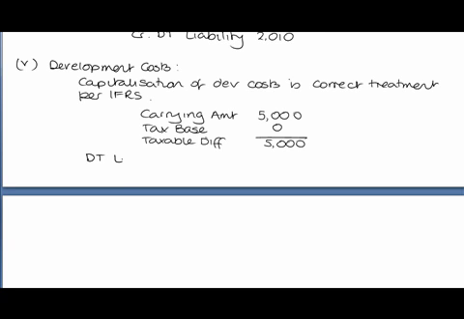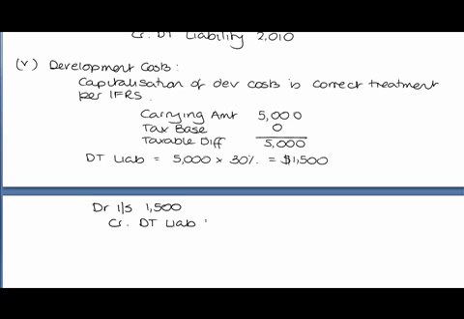So our deferred tax liability is going to be 5 million times 30%. It's 1.5 million. So we would debit the income statement 1.5 million, and credit deferred tax liability 1.5 million.